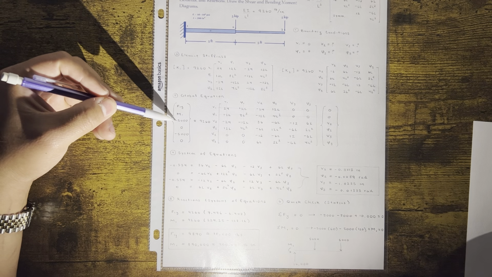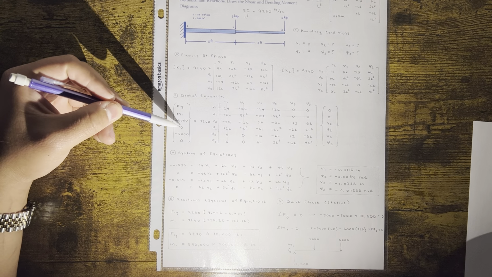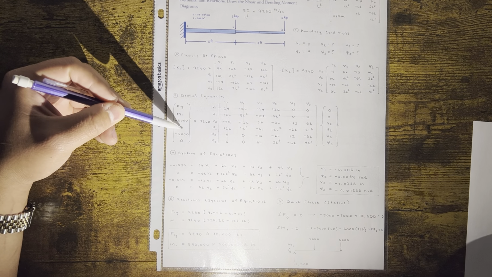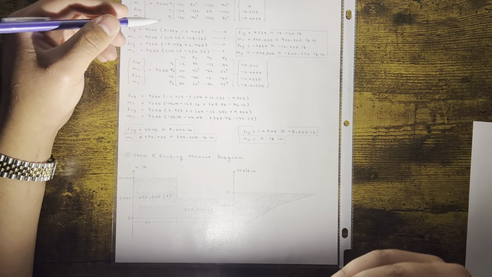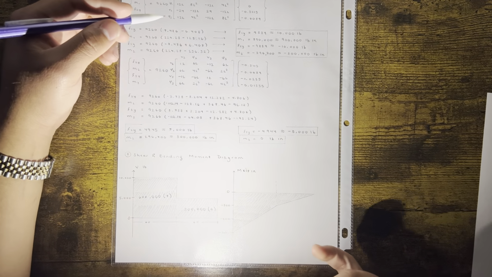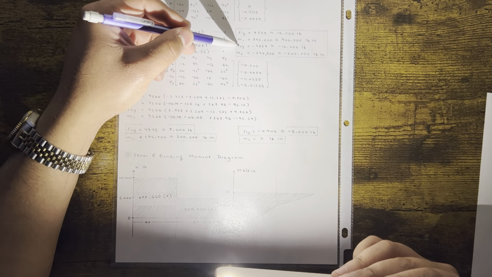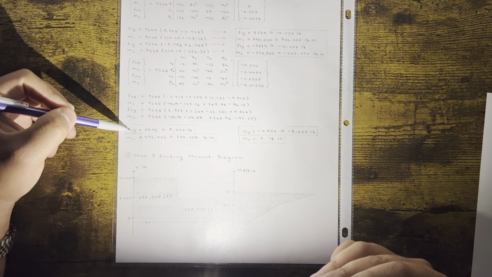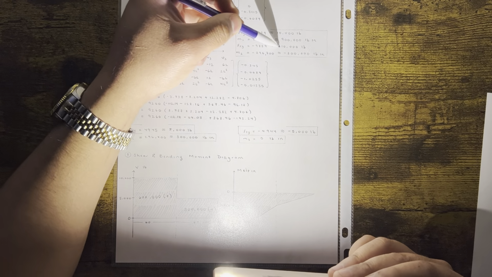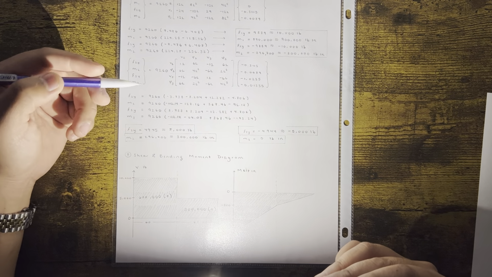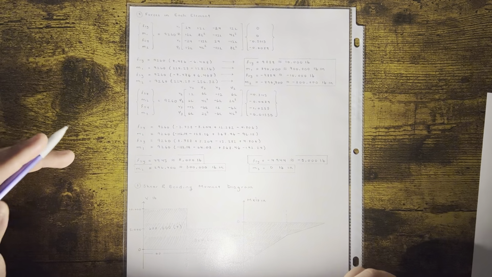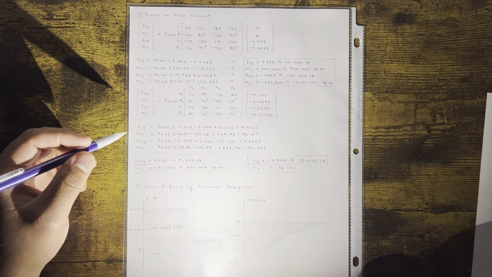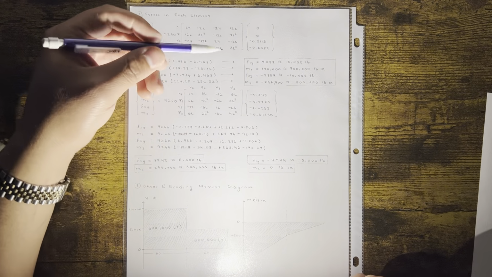F2 is negative 5,000, and so is F3, and so is moment 2, moment 3. So F2s should give you negative 5,000. Let's check. F2Y, and then you have another F2Y. This is negative 10,000 plus 5,000, which gives you negative 5,000. So that's verified. F3Y should be negative 5,000. Let's double check it.